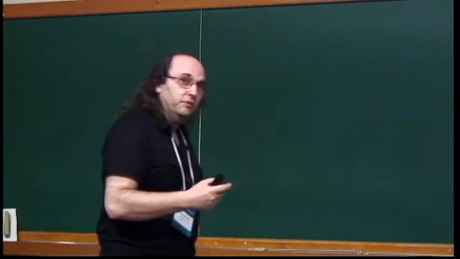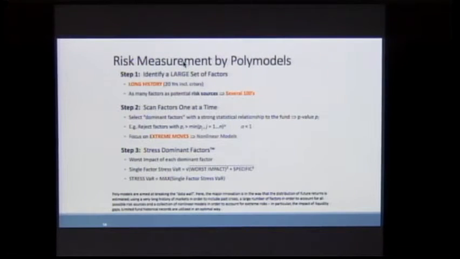And then you measure the risk by saying, like I just showed, you take a very long history of the risk factors going through different crises, and you take the worst impact as a single factor, what I call stress value at risk.